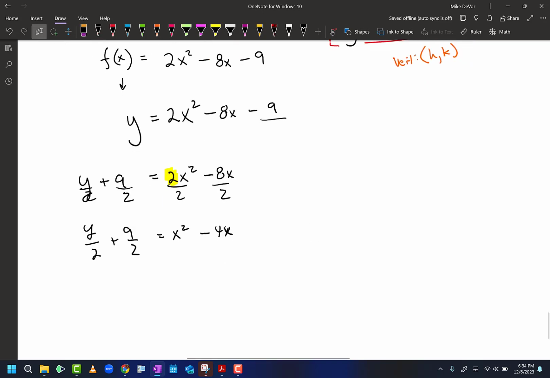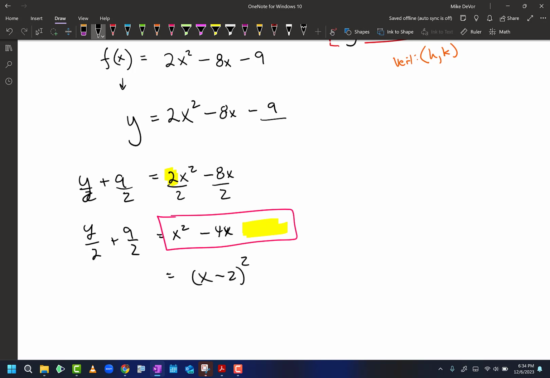Now I have to add something over here to make this a perfect square trinomial. It's going to be x minus 2. We just cut this in half and square it. And that's going to be 4. -2 squared is 4.